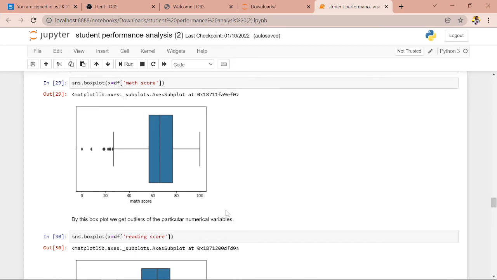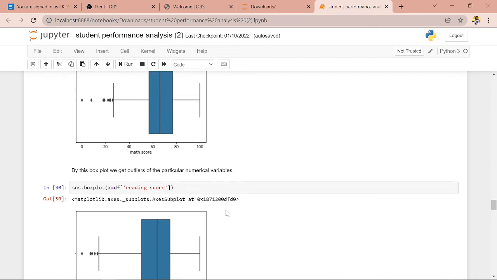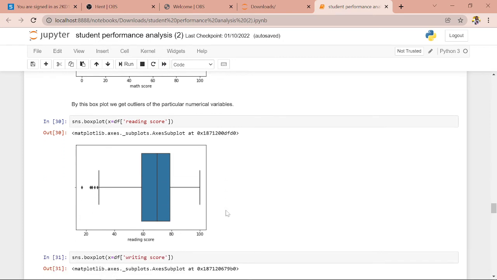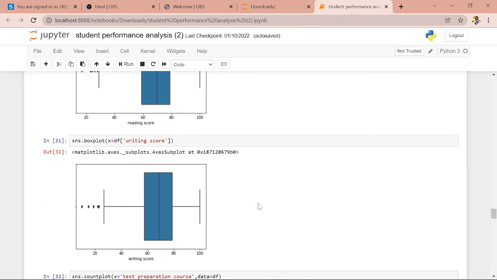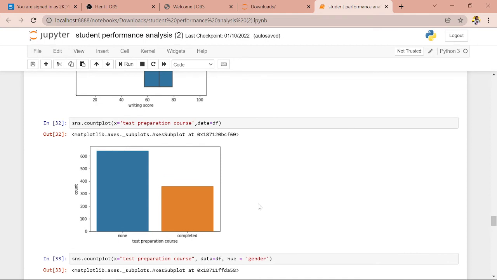By this box plot we get outliers of the particular numerical variables, and here is the reading score. This is about the reading score, and this is about the writing score, and this is about the test preparation score.